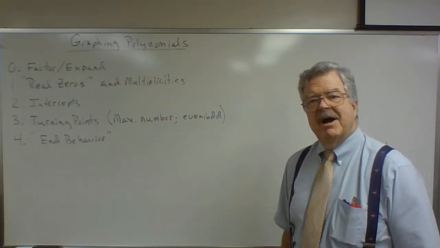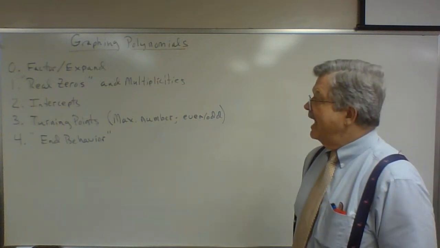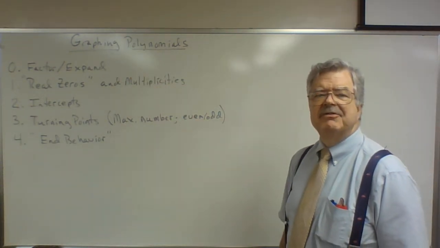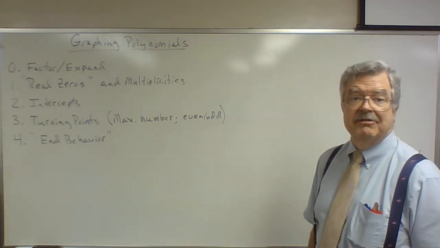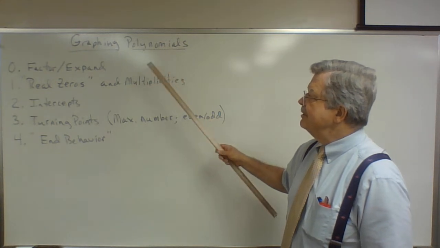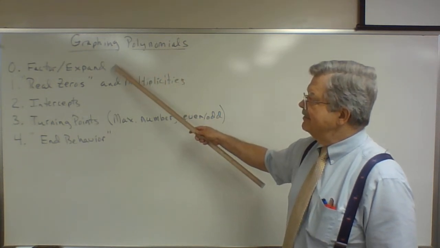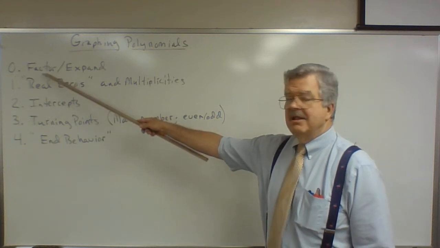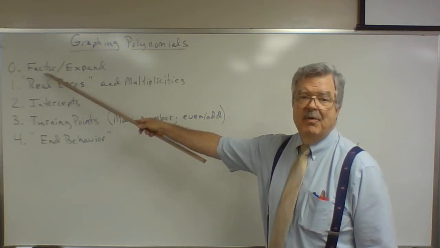We're going to graph polynomials today, and with maybe a few minor changes, we're going to follow the outline that's in our text. If we have a polynomial, the first thing that they suggest is to factor the polynomial if it's in expanded form.